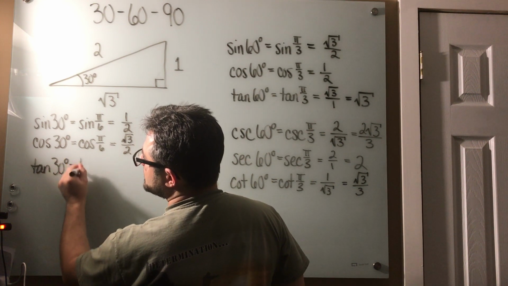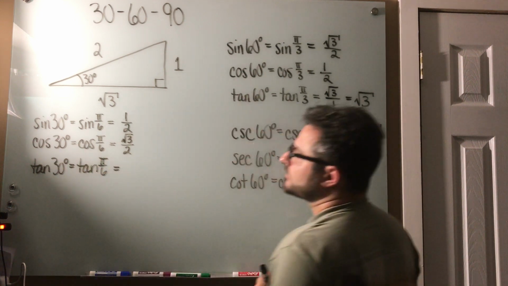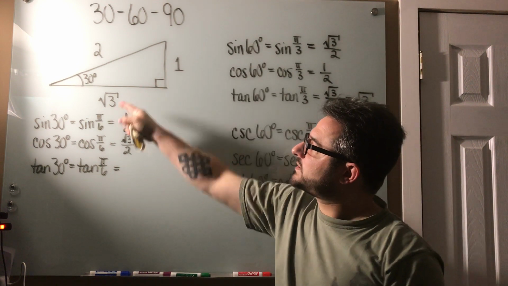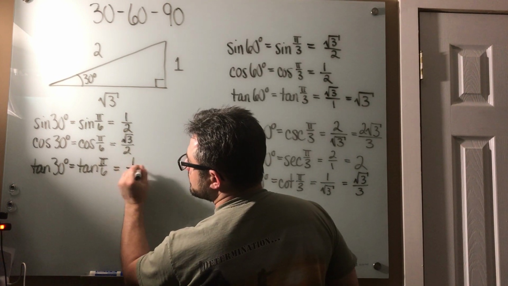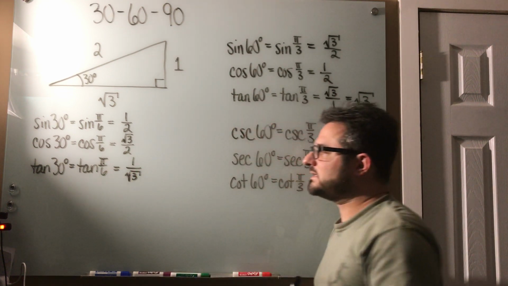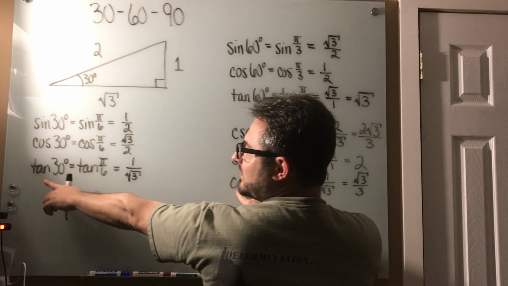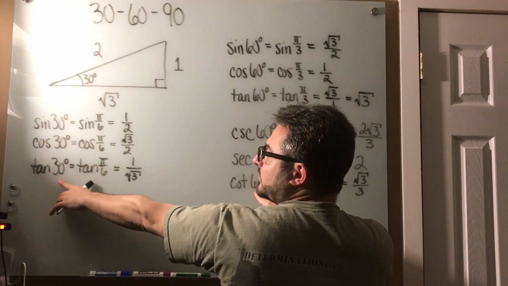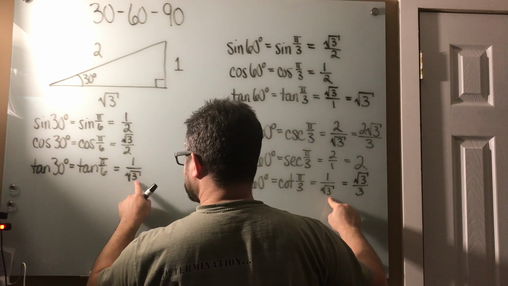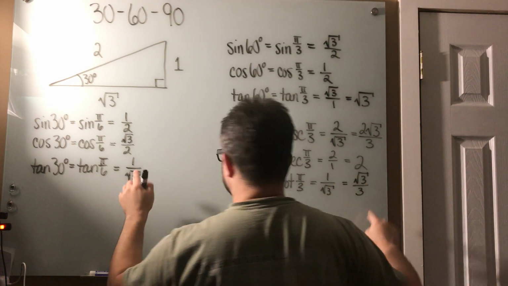Tangent of 30 degrees, or tangent of pi over 6 radians. Tangent is opposite over adjacent. Now, that requires some rationalization, yes, but I'm going to save us a little bit of time here and say, hey, look at that, the cofunctions of complementary angles are equal, which means this should rationalize the same as this one, as root 3 over 3.